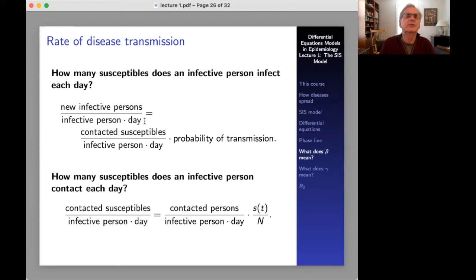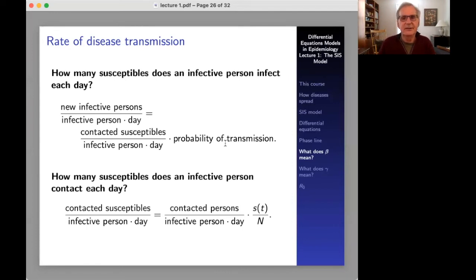New infective persons per infective person per day. So one way to break it down is look at how many susceptibles come into contact with that infective person per day, and then multiply that by the probability with which the disease is transmitted.